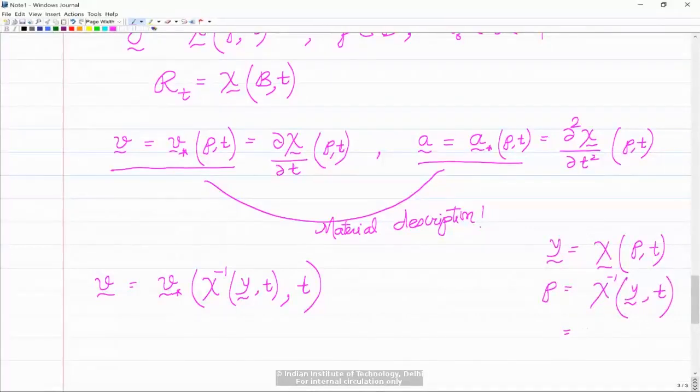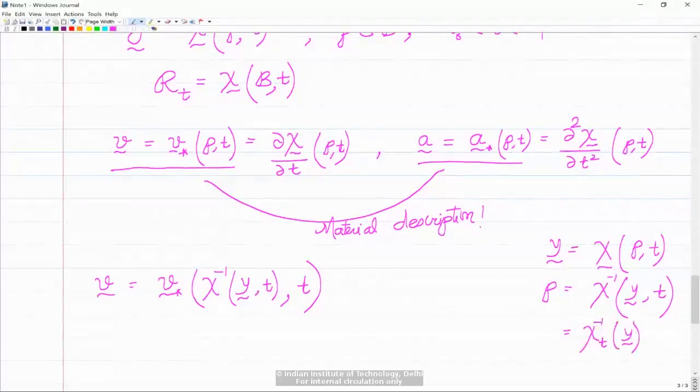At several other places you will also see this written as xi inverse with a subscript t of y, which implies that you are taking the inverse at a time t. I hope that this is clear to you.